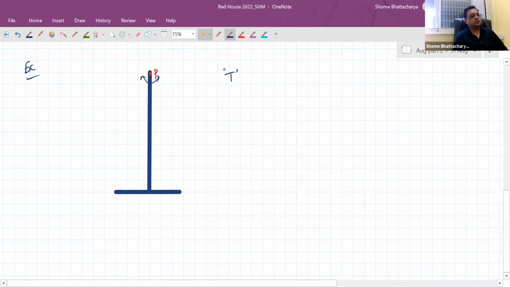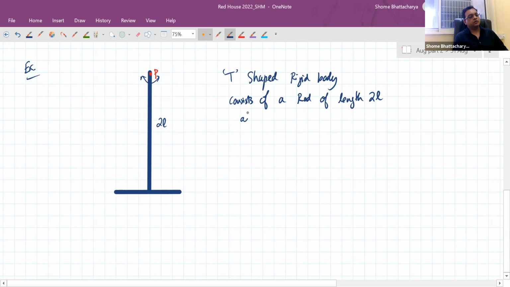This T-shaped rigid body consists of a rod of length 2L attached to another of length L at its midpoint, with this angle being 90 degrees as shown.